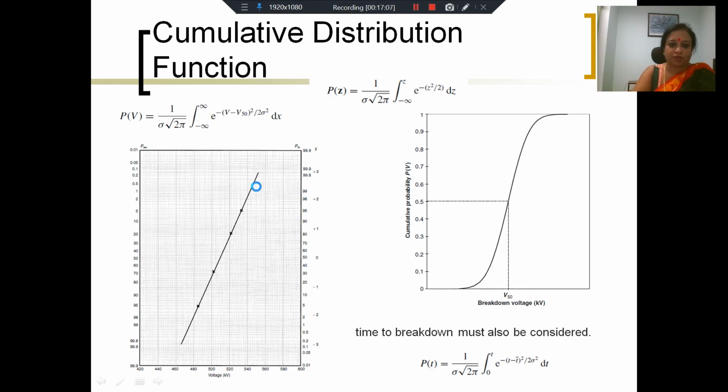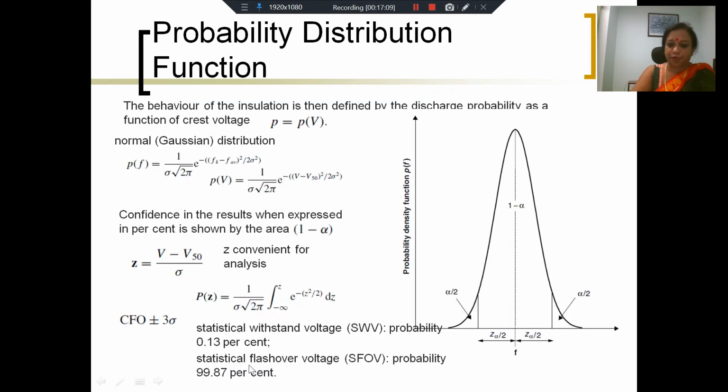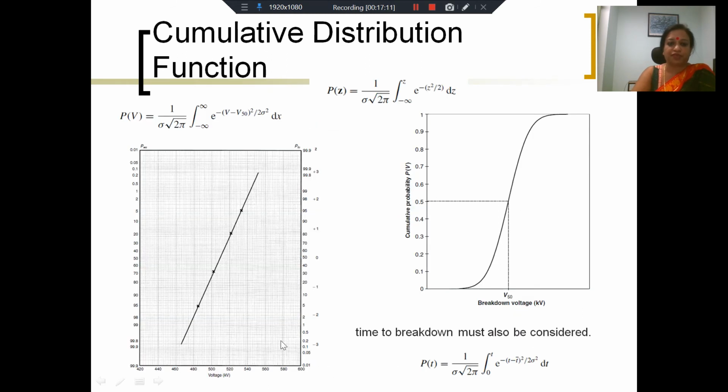So this value was 99.87 and 0.13. This is the value for which you have 99.87. This is your statistical flashover voltage, and here you have 0.13%, which is your statistical withstand voltage, and you can express this as a straight line.